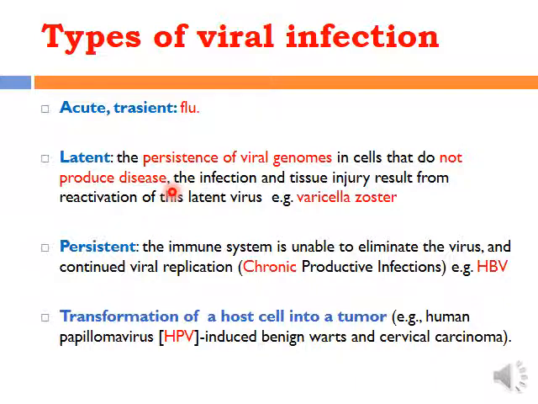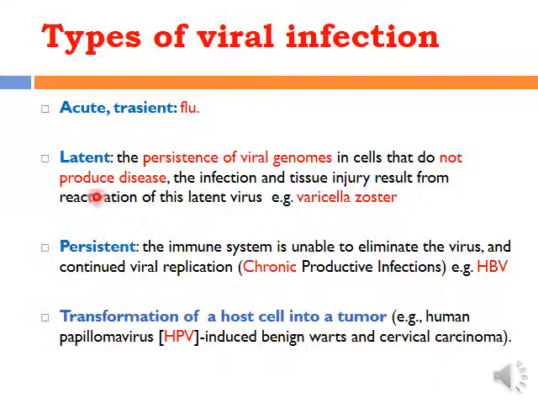For example, with varicella zoster, after the infection, the virus settles inside the ganglion and remains there dormant, latent, and doesn't produce disease. But under certain circumstances, there will be activation and the virus is transmitted along the nerve and produces disease.